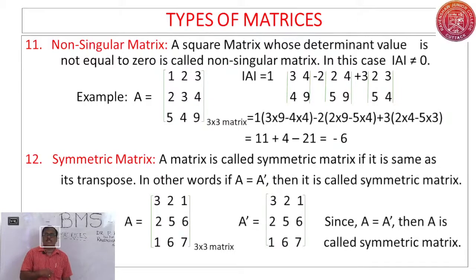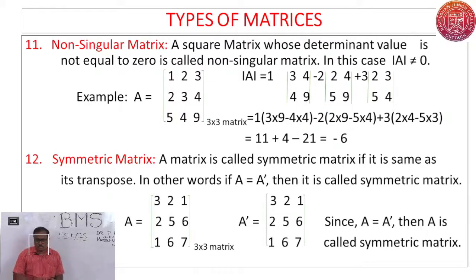Second characteristic, the value of the determinant must not equal 0. Like this, in the case of a singular matrix, there are two characteristics. First, this must be a square matrix, and the second is the value of the determinant must be 0. So this is about the singular matrix and the non-singular, which is its opposite.